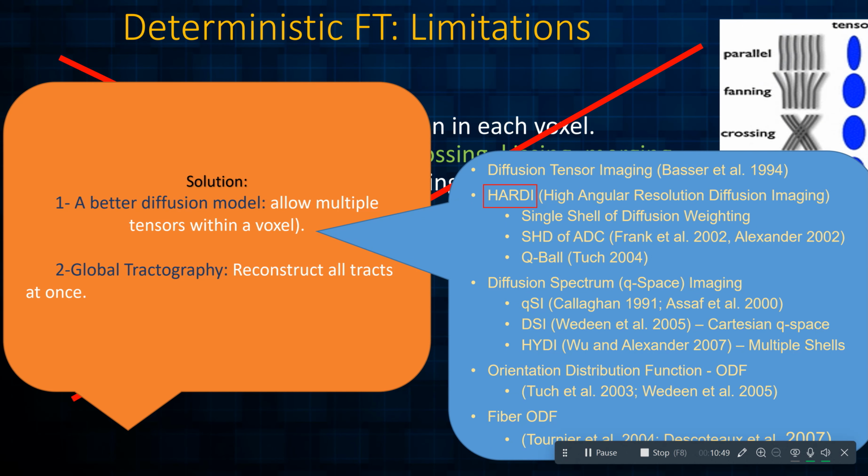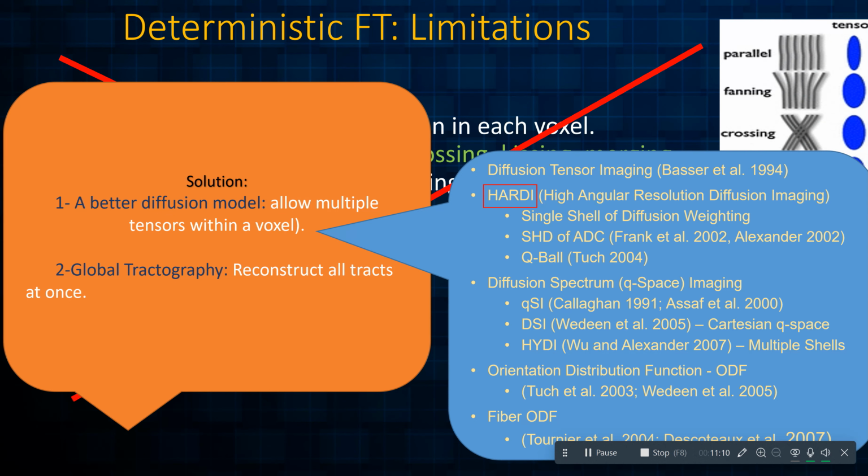So what are the solutions? One solution is to use more diffusion directions rather than 32. How about we use 256? Or use a probabilistic model rather than a deterministic one to reconstruct all the tracks at once.